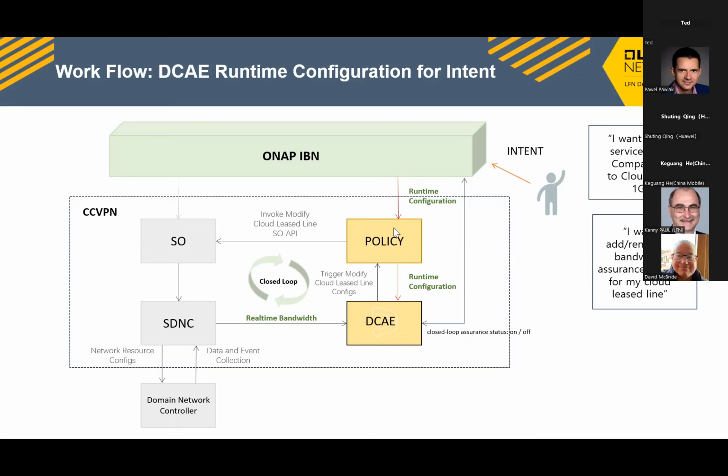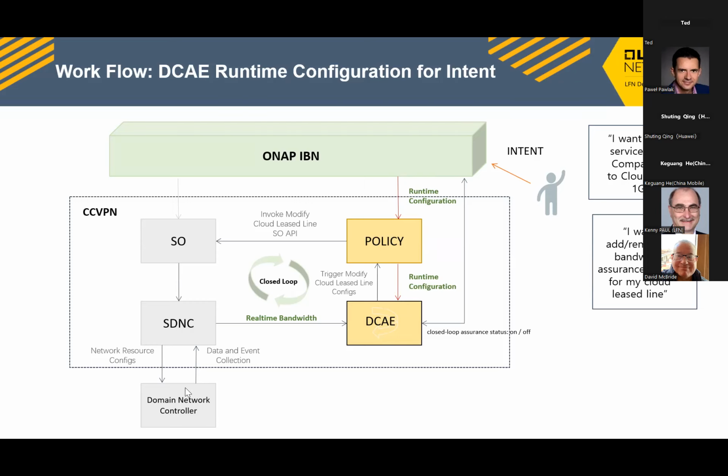So we just send the configuration in the policy in the format that we defined, and then it's running in the policy PDP engine. And the DCAE will have a thread that keeps talking to the policy component, and it will keep retrieving the latest data from the policy. And once it gets updated, it will change the flag to change the closed loop assurance status to off.